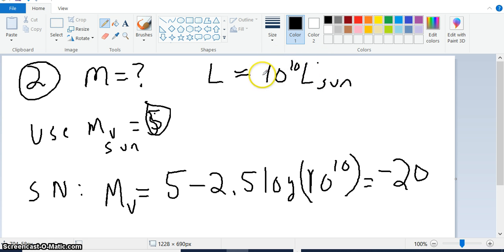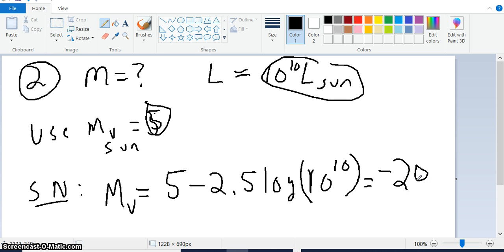In this case, it's the supernova, right? So it's that divided by the luminosity of the sun, and of course, the luminosity of the sun cancels. So you just do this, and you're going to get negative. So this part of it gives you the negative 25, and then you subtract 5, then add 5 to it, and so the absolute magnitude of this supernova would be negative 20.